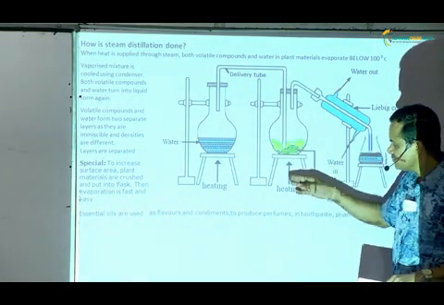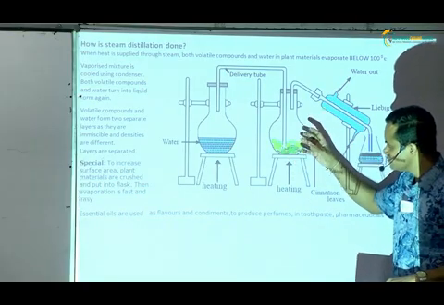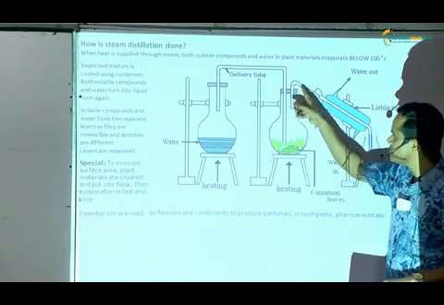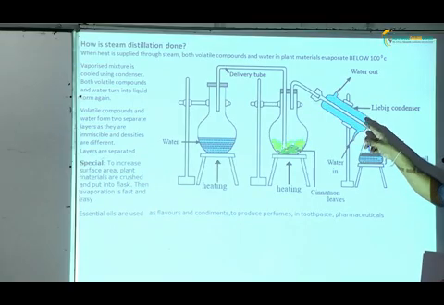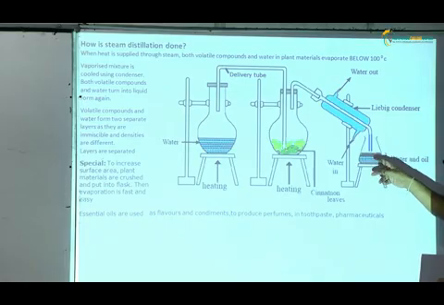To prevent cooling, we heat this also. Essential oil and water vapor, steam, both enter this and get condensed while going through this, and we get a mixture of water and essential oil. Sometimes water is down, sometimes water is up also, told you.